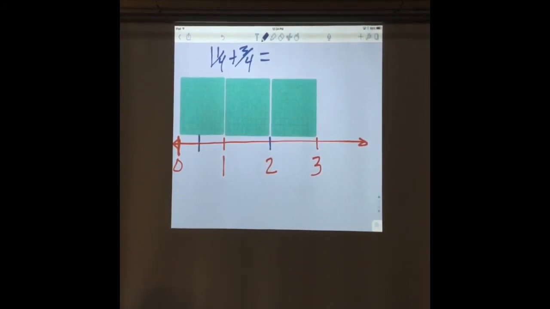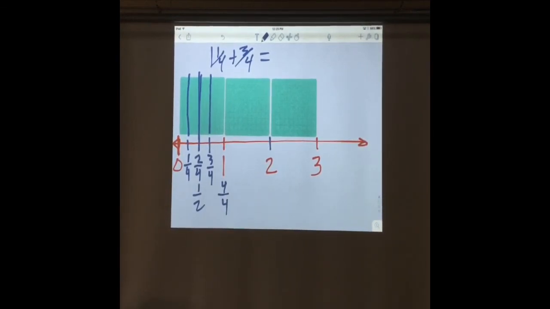How do we cut things up into fourths? Well, we cut it up into half, and then we cut our halves into halves. So here's our fourth line. This would be 1/4 here. What would this one be? 2/4, also known as a half. And what would this be? 3/4. And then we have 1 whole, aka 4/4.